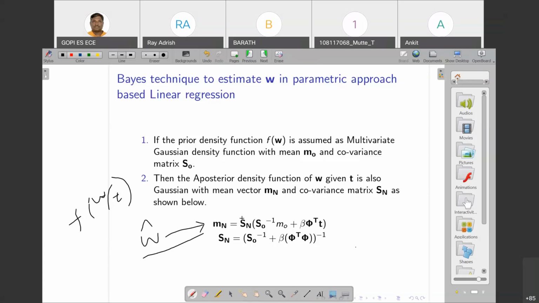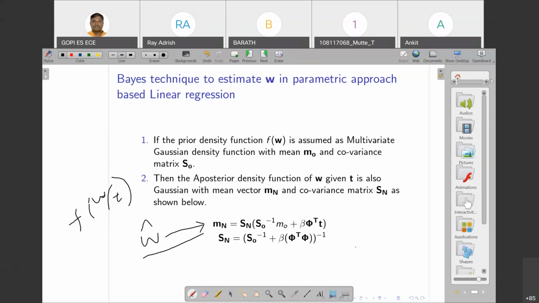Sn is going to be your posterior density function covariance matrix, and they are related with the covariance matrix of the prior density function, the basis function phi, T the observation vector, and the mean vector M0. So this is the relationship.